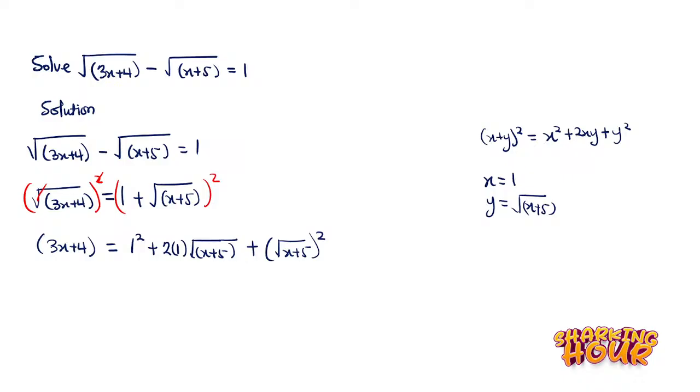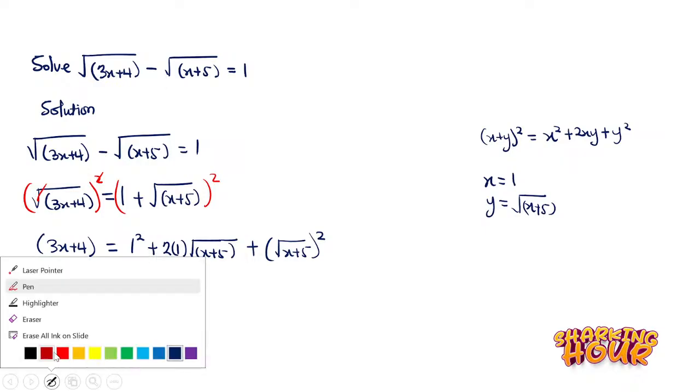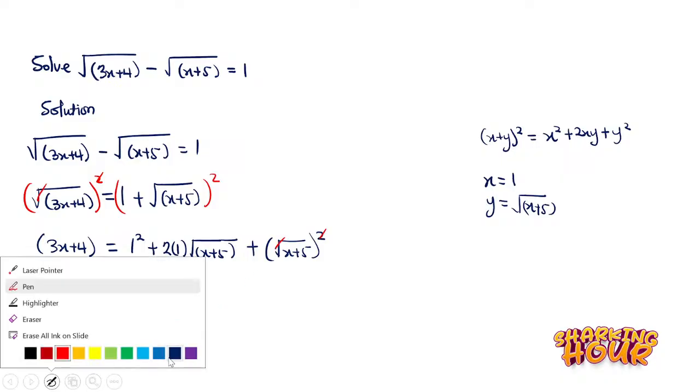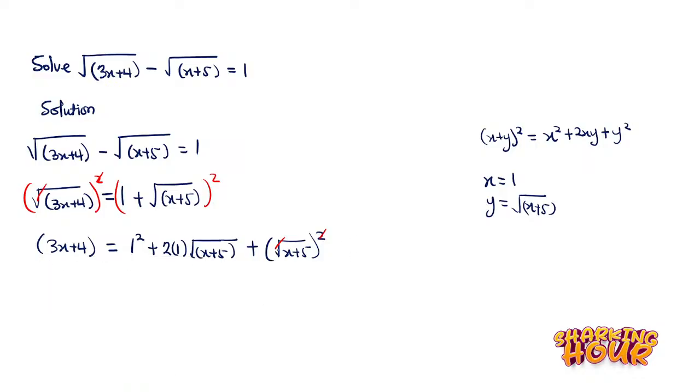Right, very good. Now if I look through, the next thing I can see is that the square over here will get rid of the root over here. So let's quickly do that. The square here will get rid of the root sign. So now that we've done that, let's rewrite this. I now have my 3x plus 4 over here. Nothing has been done to that, so it still remains the same. Then I have equal to 1 squared, which gives me 1.